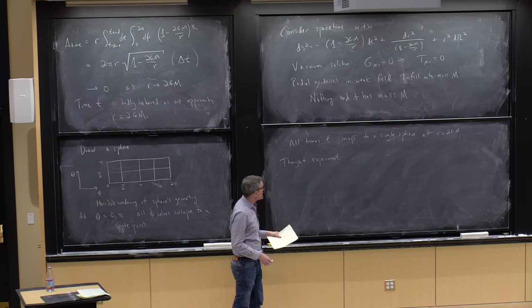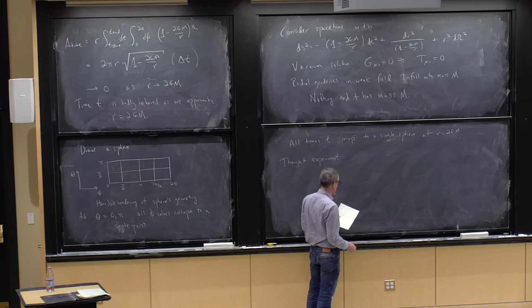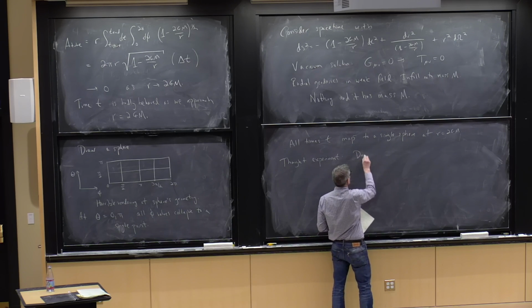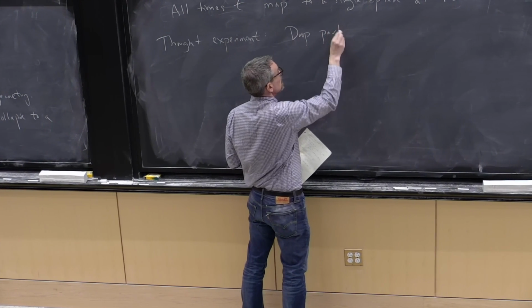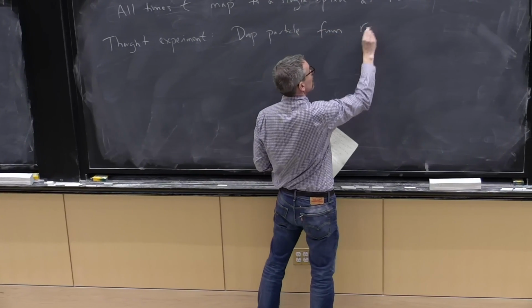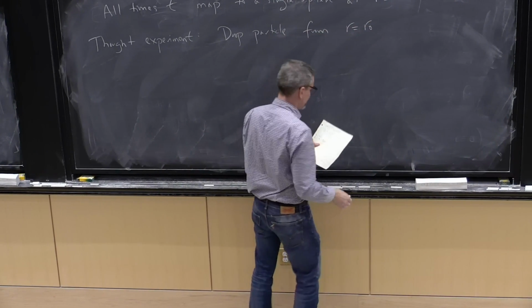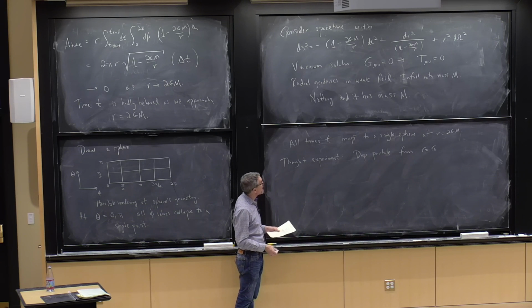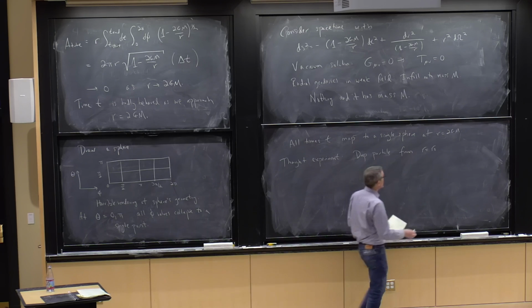And what I'm going to do is drop a little rock, drop a particle. So I'm going to drop a particle from r equals r0. I'm going to integrate the geodesic equation, and I'm going to parameterize what its radial motion looks like as a function of time.